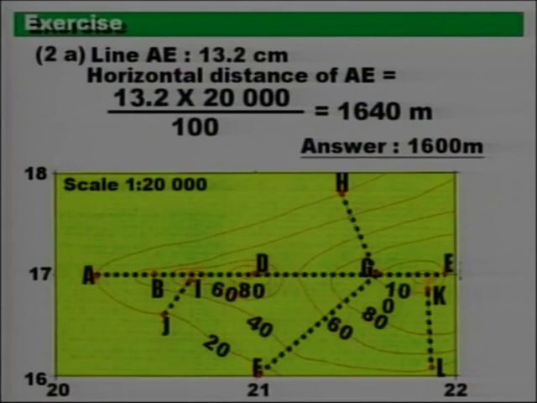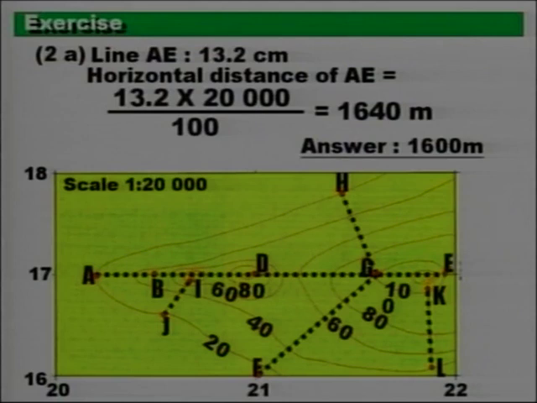But let's use what is given here for the sake of knowing how to actually get our answer. Let's say 13.2 is the answer in centimeters. We multiply that by the scale, which is 20,000. And because we want to give our answer in meters, the instruction says to give our answer to the nearest 100 meters. Therefore, we convert the centimeters to meters by dividing by 100, and we end up with 1,640.